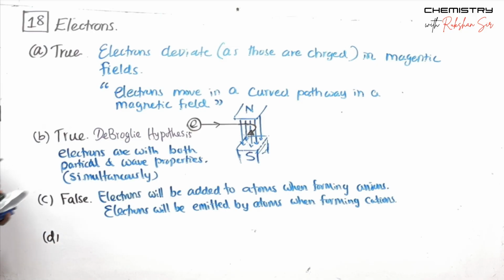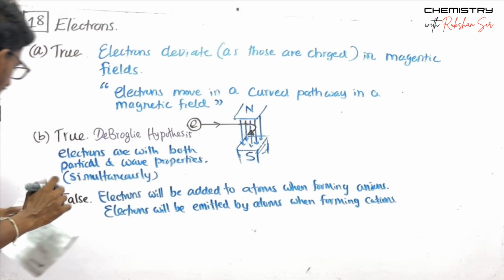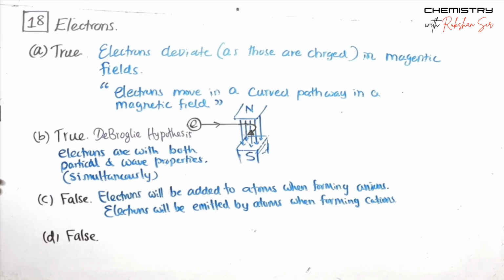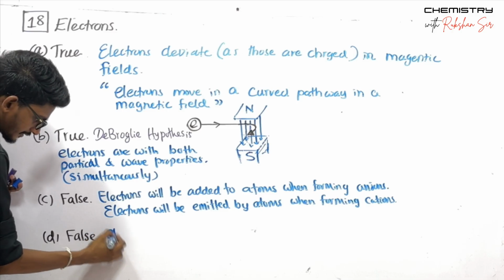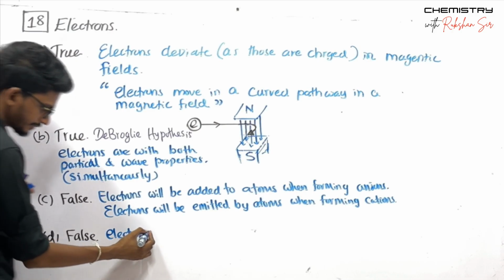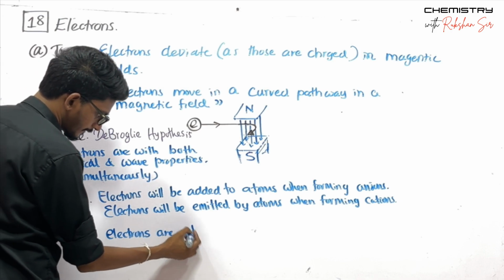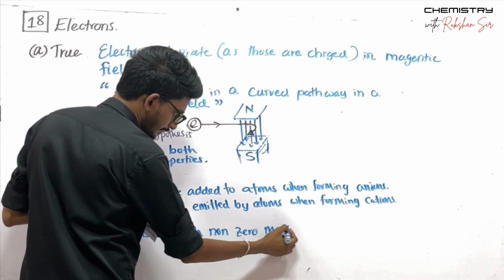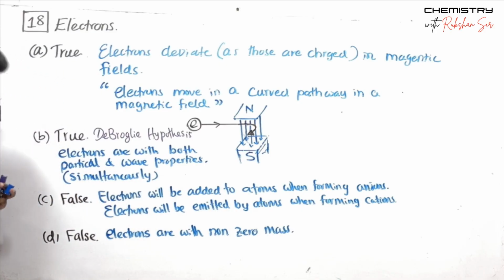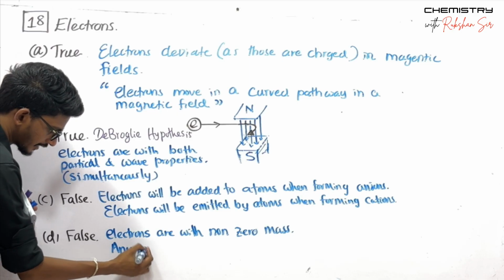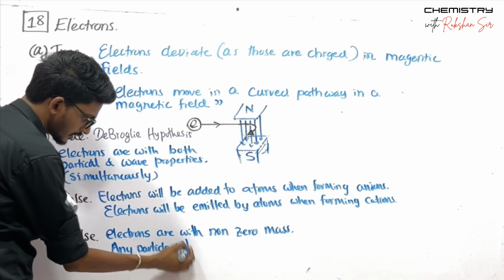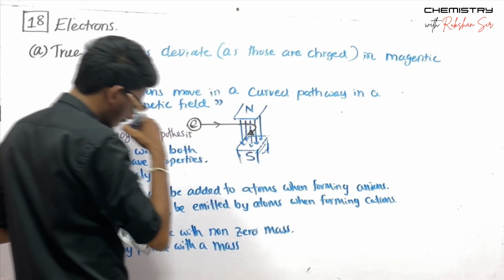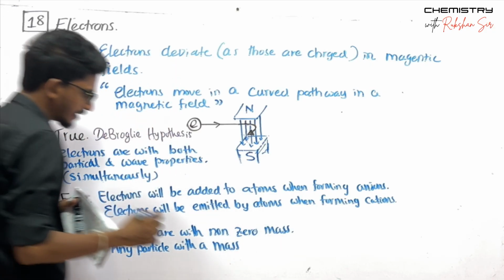Statement D. The speed of electrons is equal to the speed of light. That is false. Electron is with a non-zero mass. So any particle with a mass, right, travels at speeds less than the speed of light.